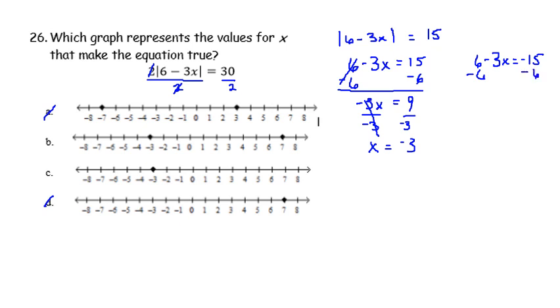Subtract 6 on both sides. Bring down a negative 3x equals negative 21, and divide both sides by negative 3. And x equals 7. So now looking at this, we see that our correct answer is B, because the negative 3 has a dot on it and the 7 does also.